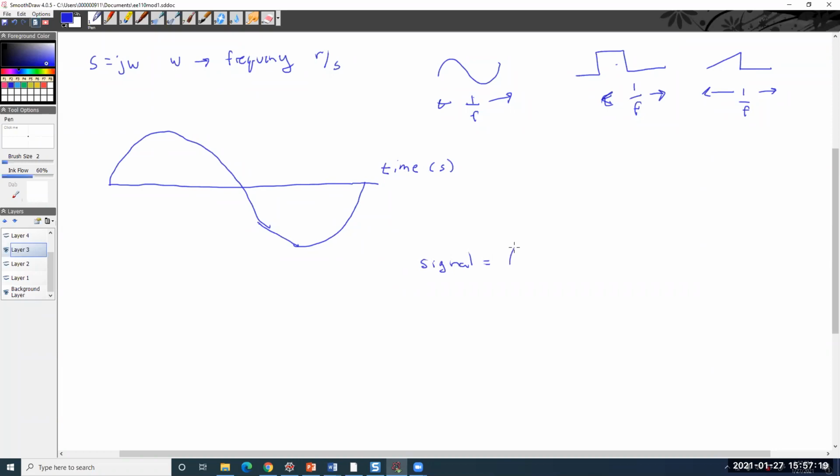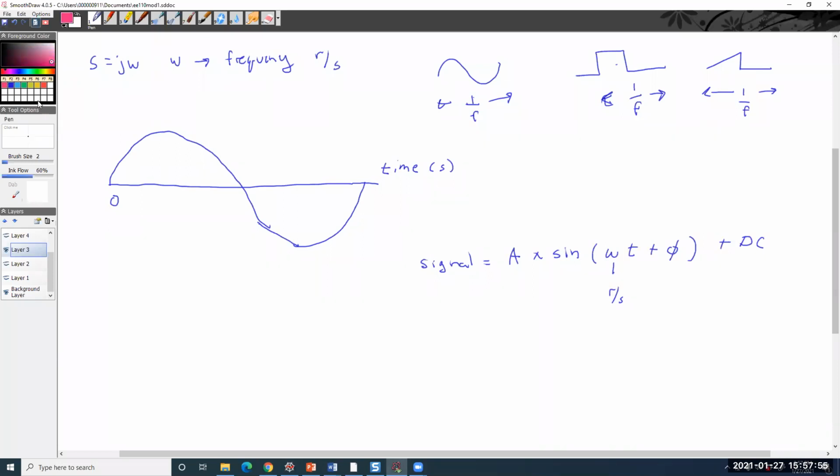Now the signal will be A, the amplitude, times sine of omega, the frequency in radians per second, plus a phase, which I'll talk about in a little bit, which is a delay, plus some kind of DC term.